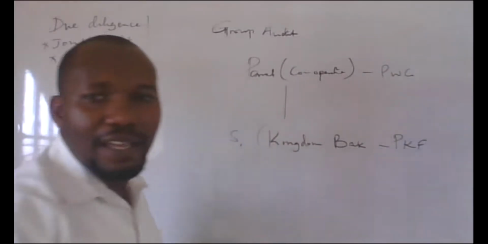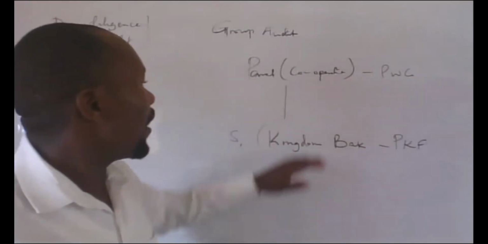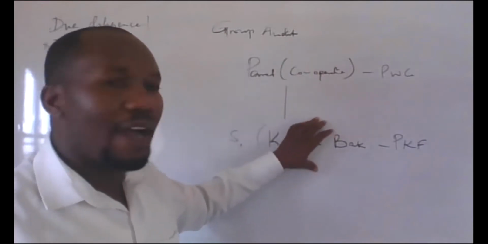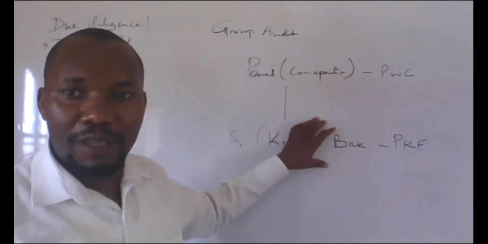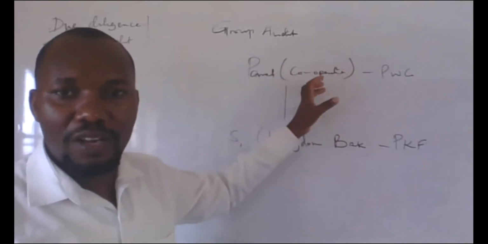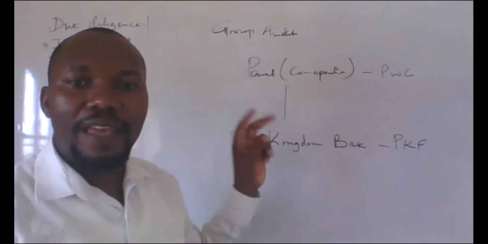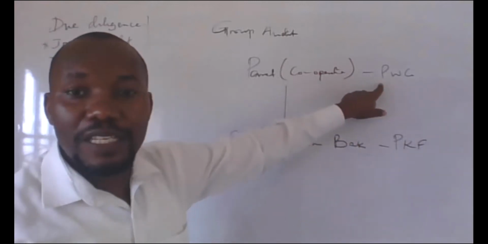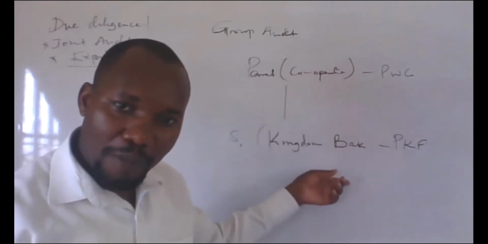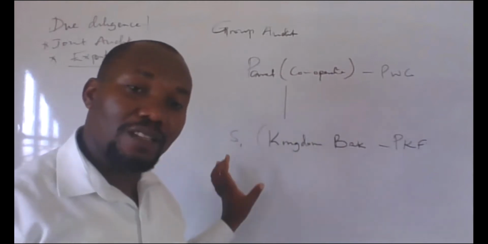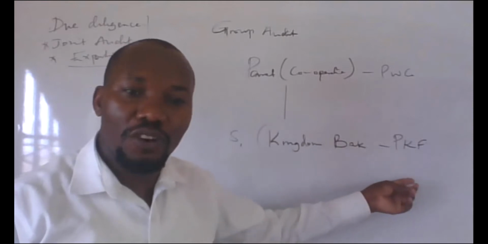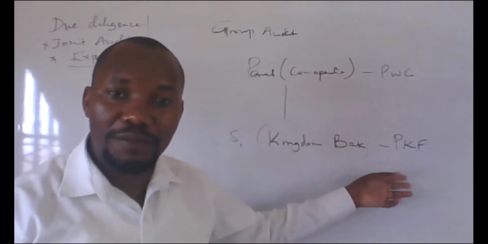All right. Now, immediately this parent company takes over, they have to decide. They have to agree because they have majority shares, or maybe they have control. They have two options now. They might require PwC to audit Kingdom Bank, or they might just accept that Kingdom Bank can be audited by the current auditor, which is PKF.